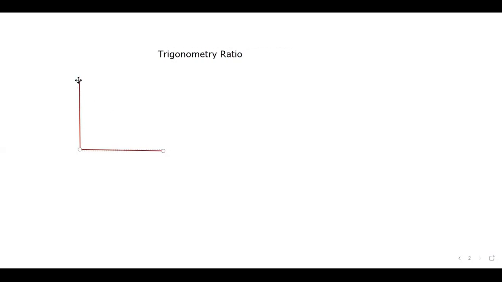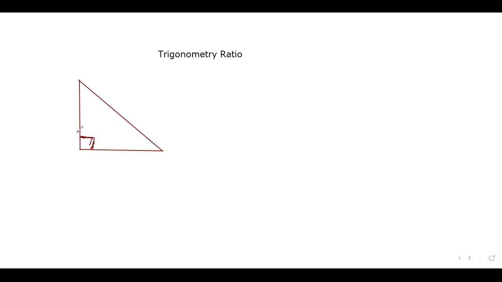What is the first condition by which we know that we have to use the trigonometry ratio? Anybody? Nobody at all?